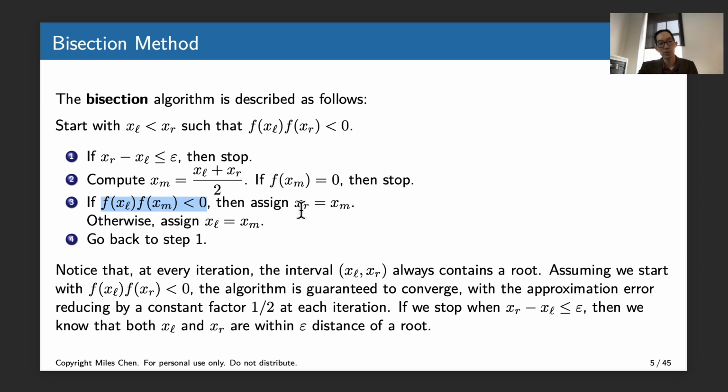If the root is between the left-hand side and the midpoint, you take the midpoint and make that the new right-hand side. If the root is between the midpoint and the right-hand side, you take the midpoint and assign it to be the left-hand side. Then you just repeat over and over again. At every iteration, the root is somewhere between the left and right side, and the width of our interval is cut in half.